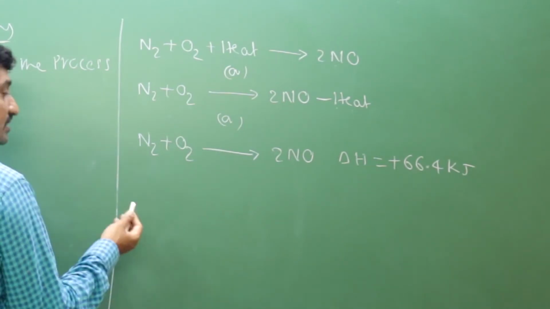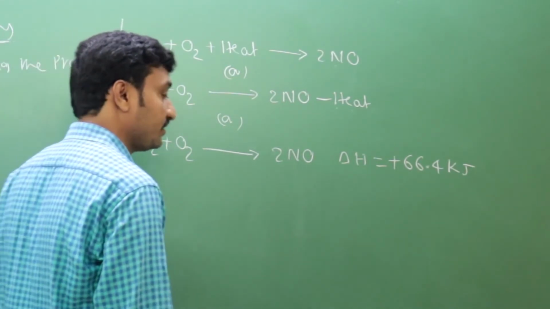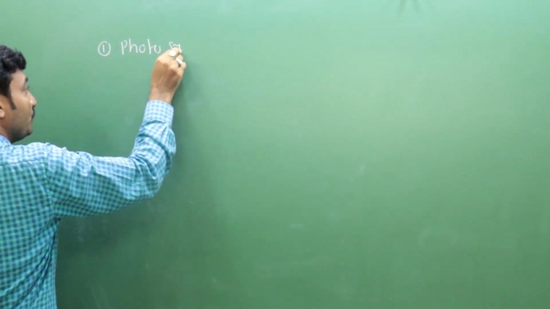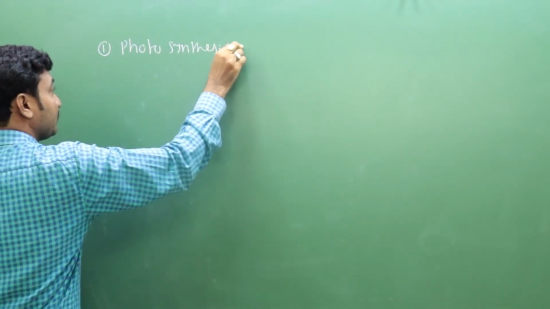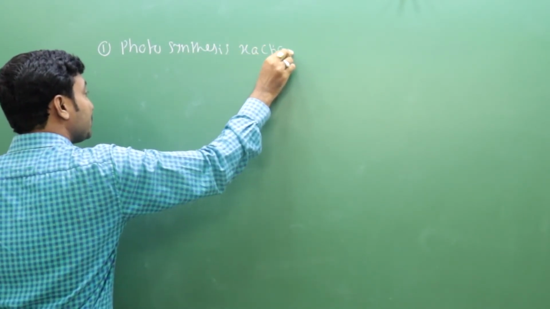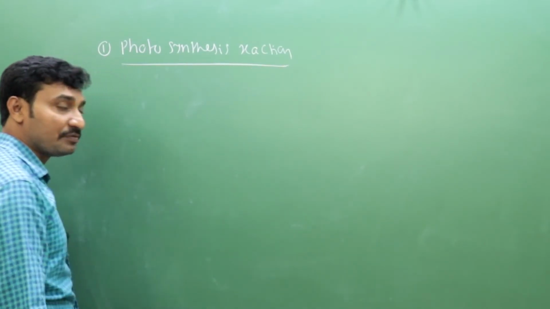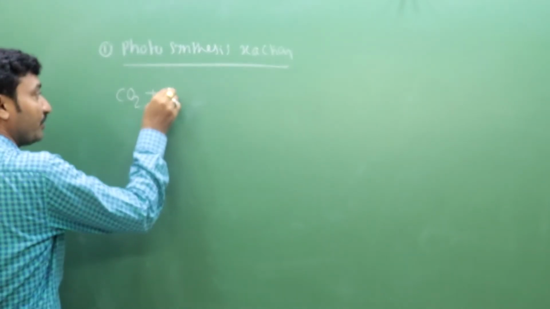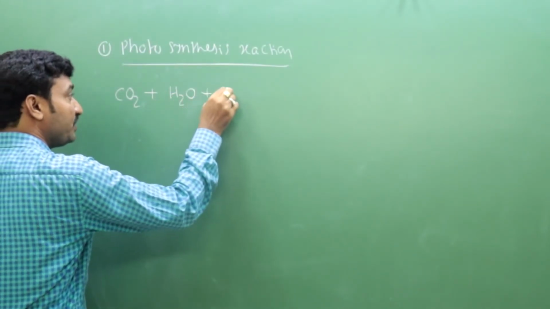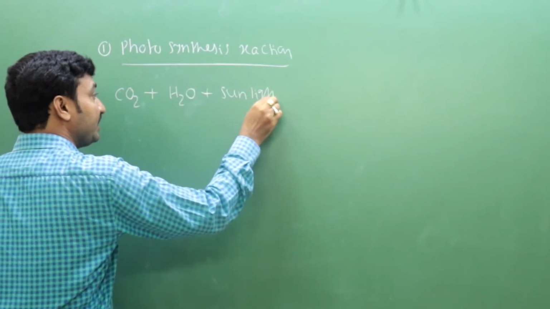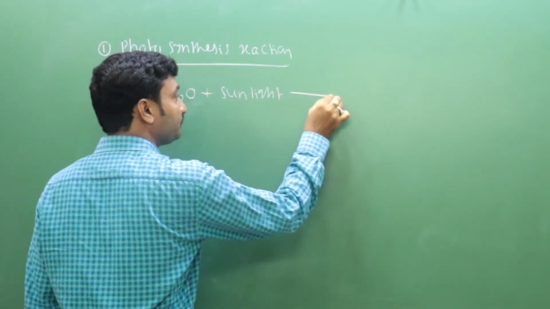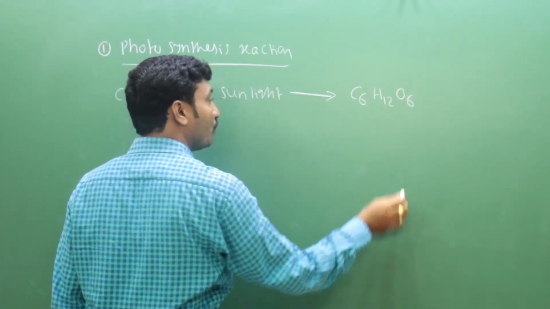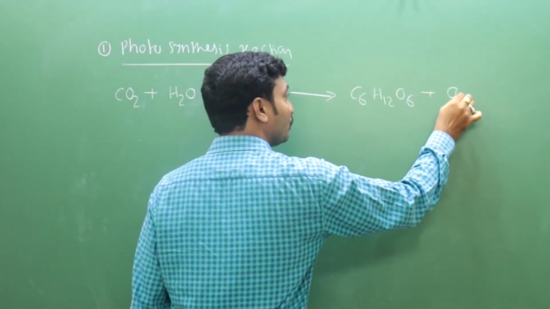Next, some more examples of endothermic reactions. Photosynthesis is the best example. Photosynthesis takes place in the presence of sunlight. Carbon dioxide with water, by absorbing sunlight, produces glucose, C6H12O6, plus O2.